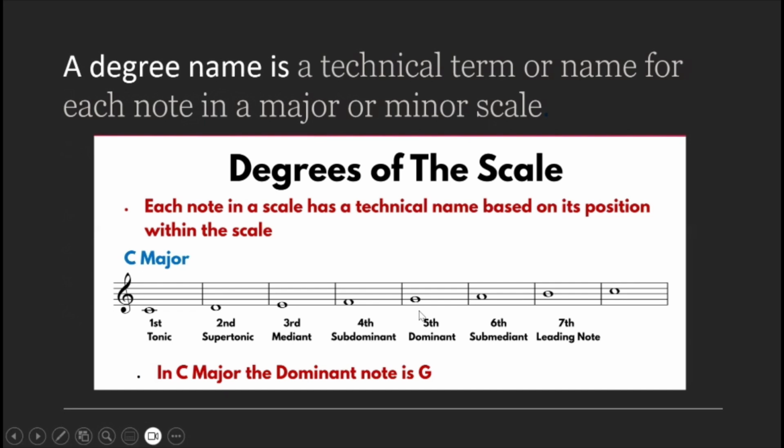The fifth note is the dominant. The sixth note is the submediant. The seventh note is a leading note. Then the last note, which is C, is also do.